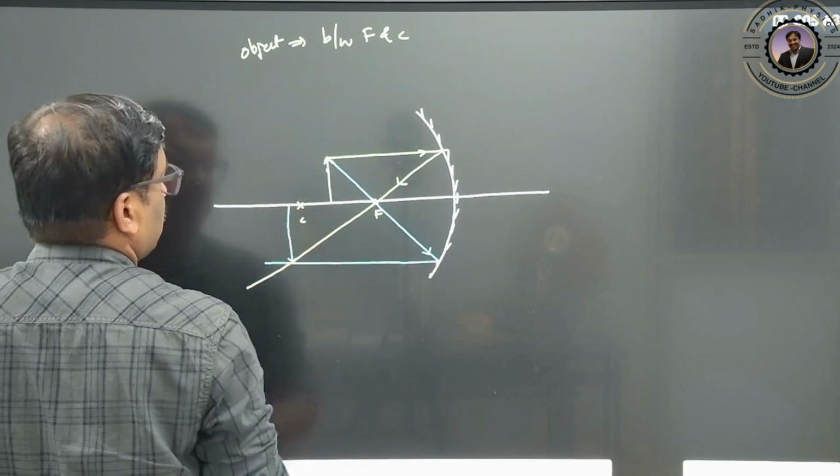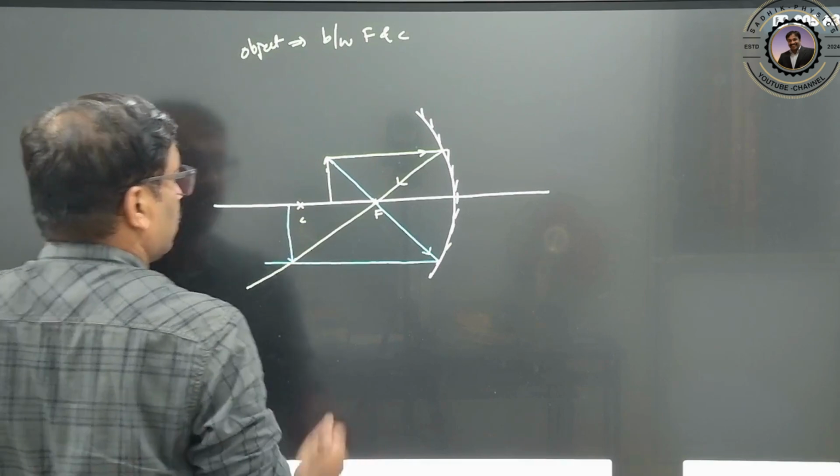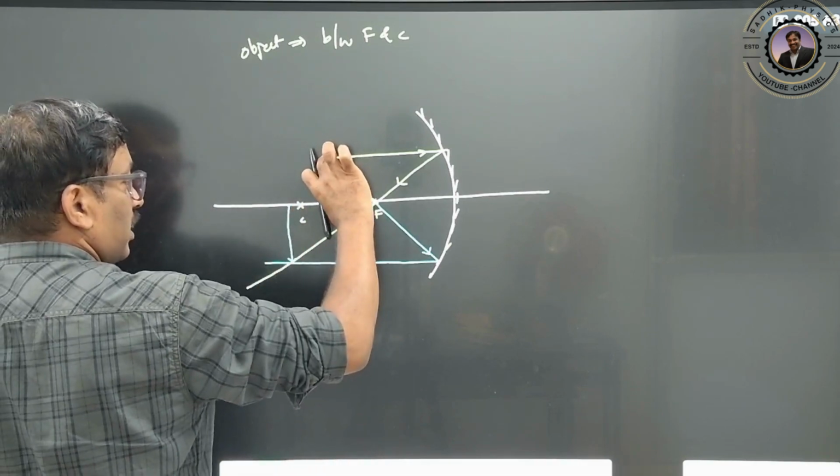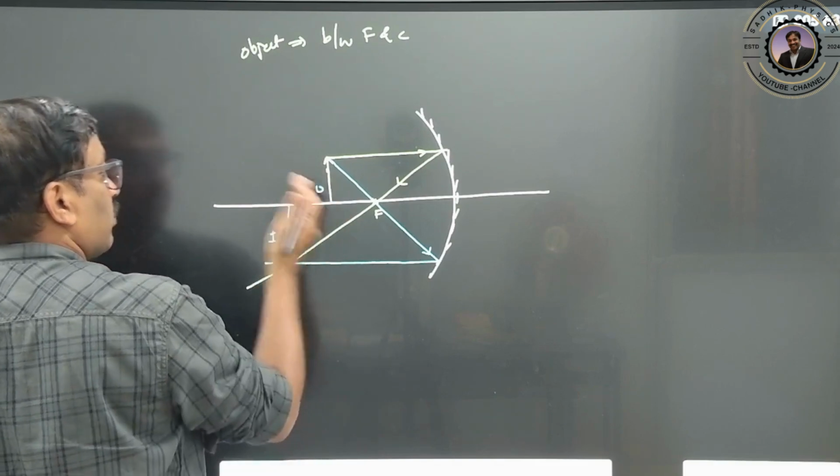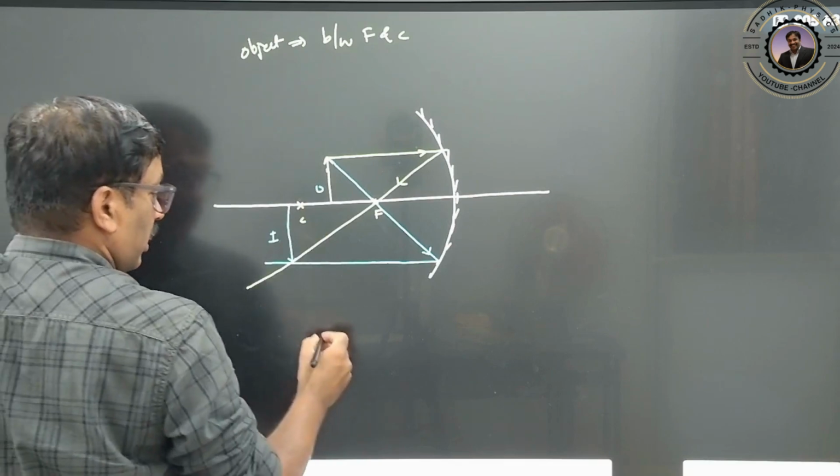So here the object is smaller but the image is larger. This is your image. Where is it found? Beyond C.